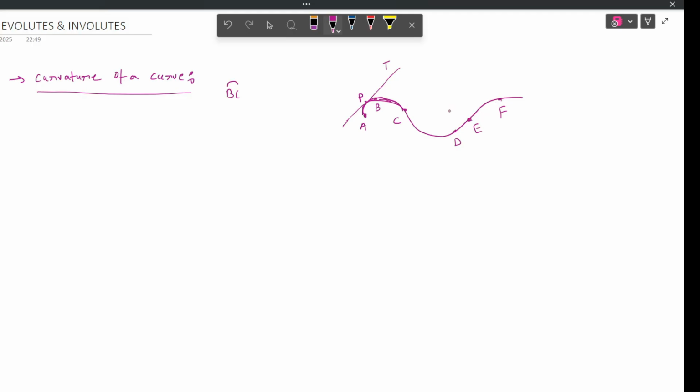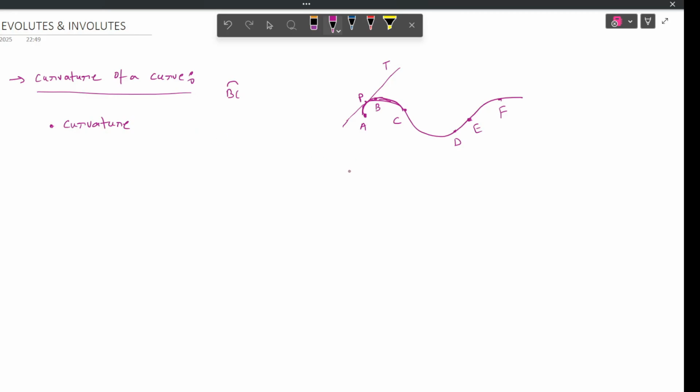So it is natural that we should look for a tool which will measure the bending property of a curve at every point on it. That's why we coined this term curvature. So curvature is that measure which is defined as the rate of change of angle psi.